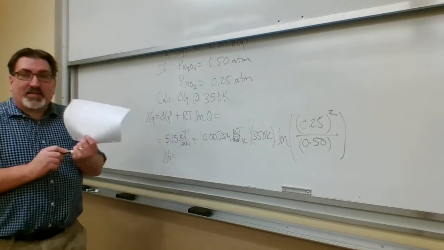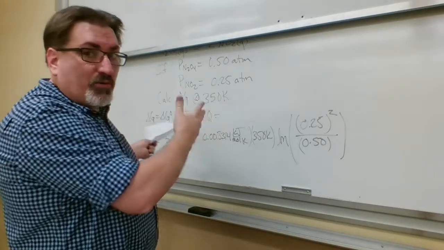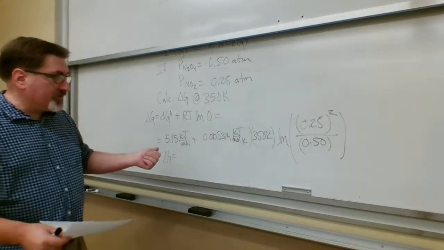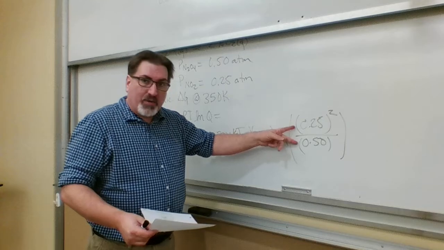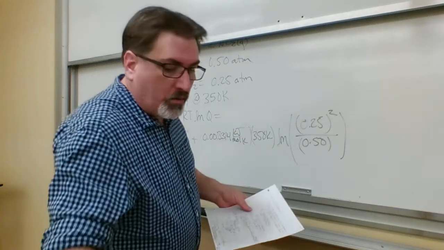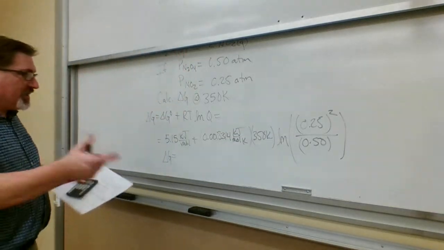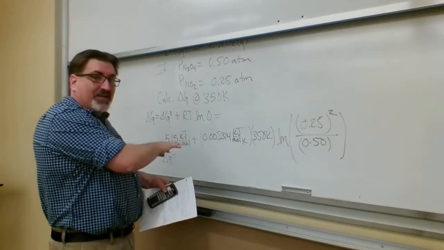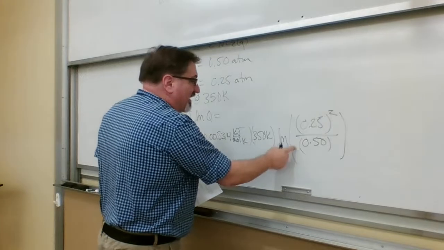So we can calculate delta G for this. This is kind of a real world scenario where you're not operating at exactly standard temperature and pressure, and you're not operating at 1 molar or 1 atmosphere conditions. Okay, so we change temperature and we change pressures. Now we can calculate the delta G and decide if it's spontaneous at this temperature and those pressures.